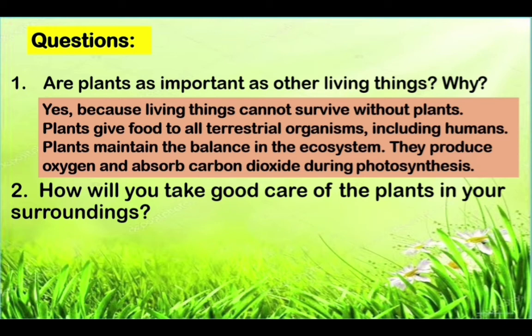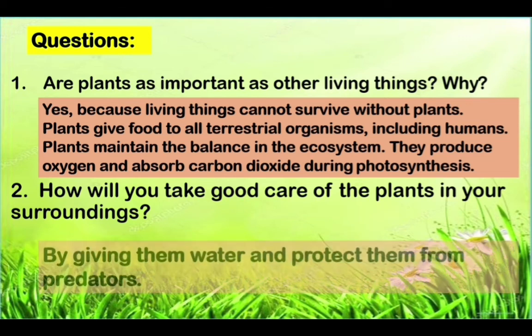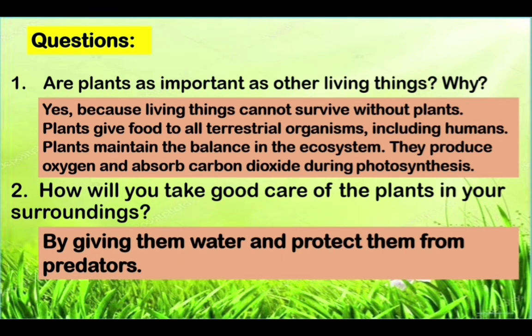Plants maintain the balance in the ecosystem, and they produce oxygen and absorb carbon dioxide during photosynthesis. Next question, number 2. How will you take good care of the plants in your surroundings? By giving them water and protecting them from predators.